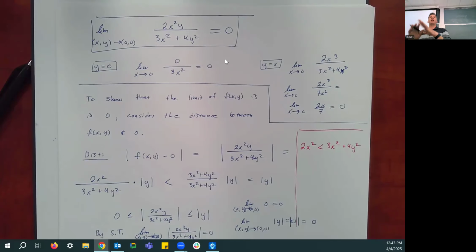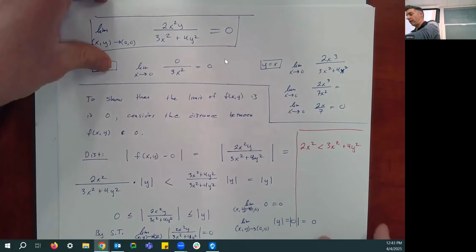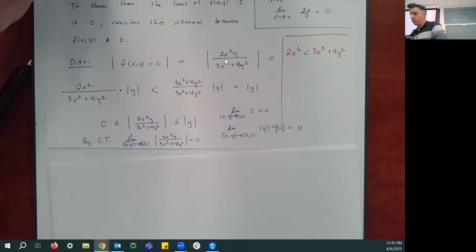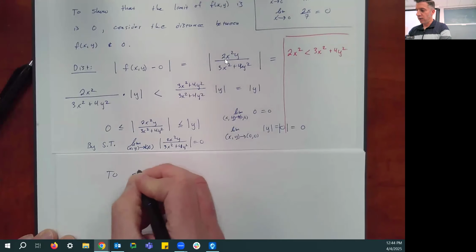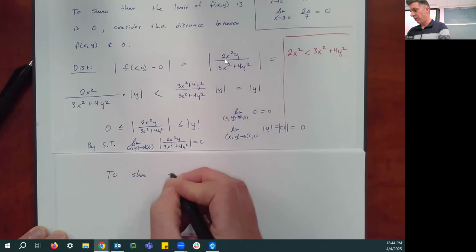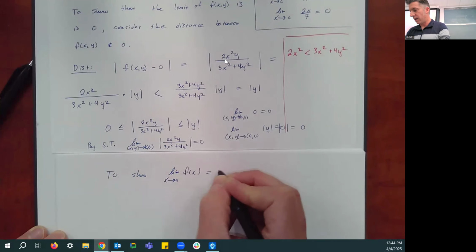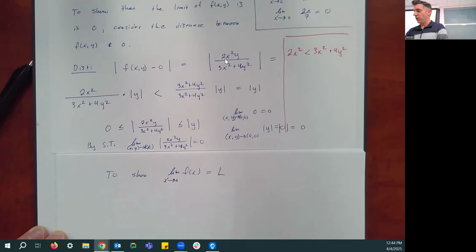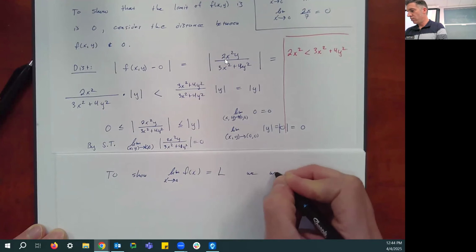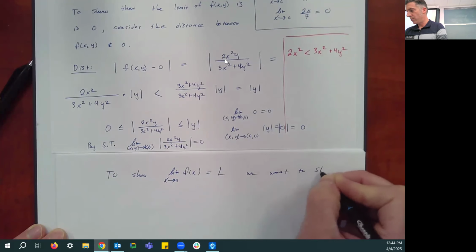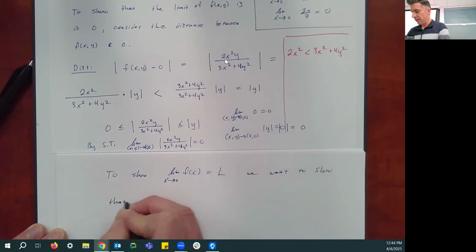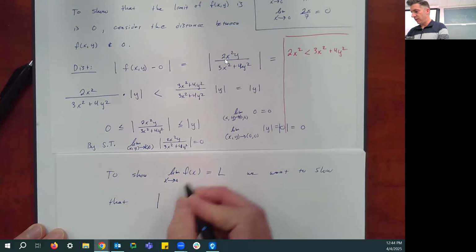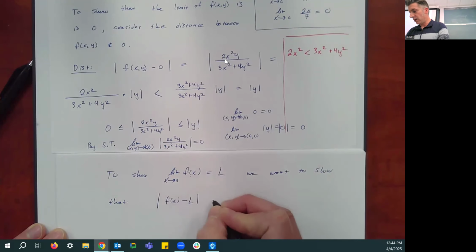But the blanket idea is, and I'll write it over here using some 17A notation, to show that the limit as x approaches a of f of x is equal to some L, we want to show that the distance between the function and the limit approaches 0.